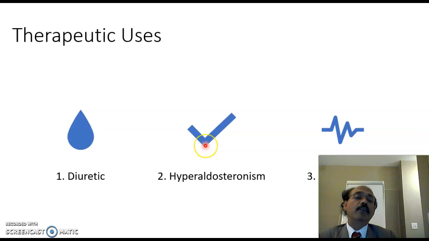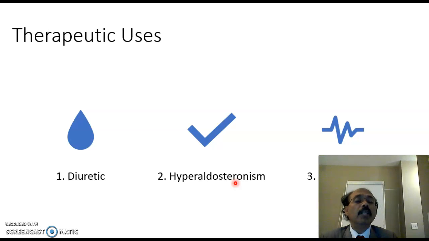Primary hyperaldosteronism is seen in Conn's disease, or any other tumor developed in our body that produces too much aldosterone. Aldosterone is a hormone coming out of the zona glomerulosa of the adrenal cortex.